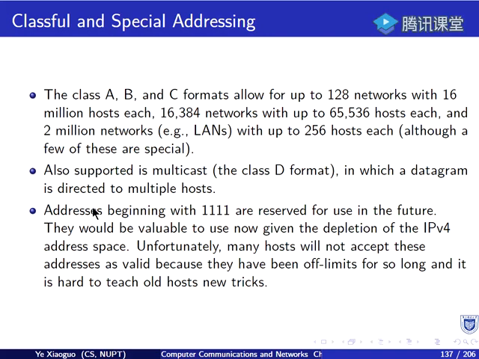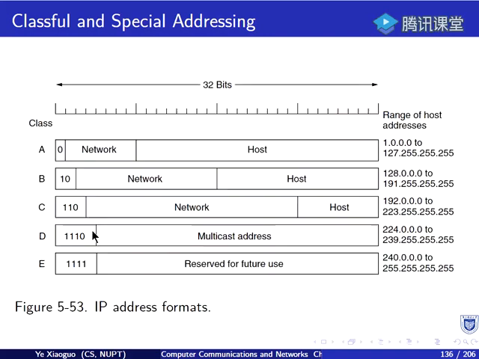Also supported is multicast, the class D format, in which a datagram is directed to multiple hosts. Addresses beginning with 1111 are reserved for use in the future, which means class E is reserved for future use.